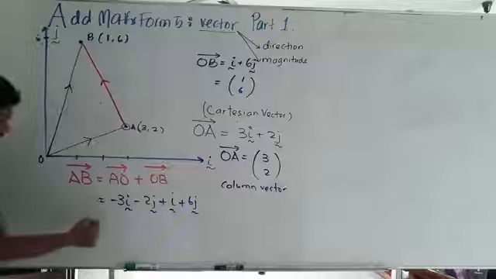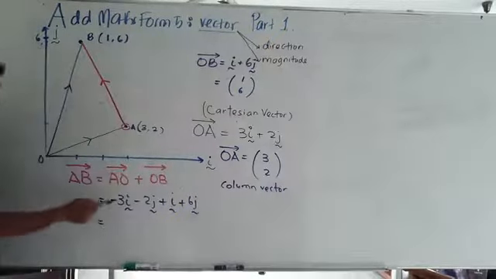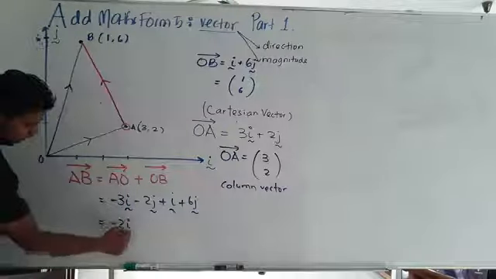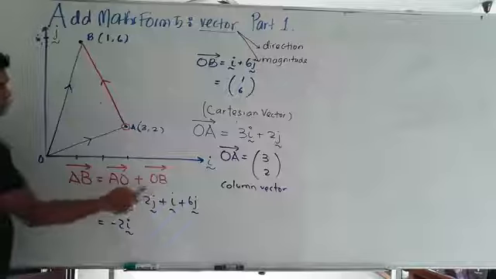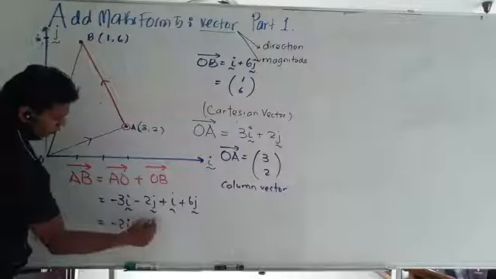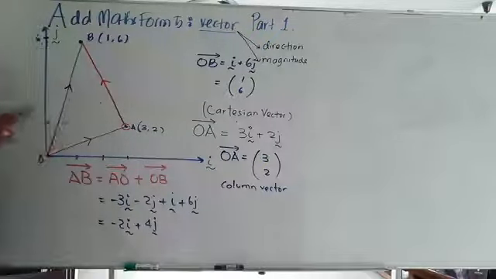So therefore, your answer now is i adds up with i: negative 3 and 1 here, you get -2i. Negative 2j plus 6j, you're going to get 4j. This is now called vector AB.